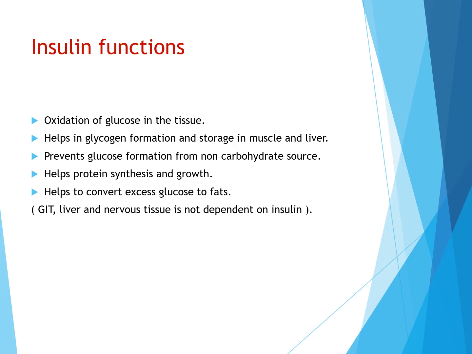Insulin helps the body to convert excessive glucose into glycogen, and then it is stored in our muscles or the liver. Insulin also helps to convert excessive glucose into fats. It will also help in protein synthesis and prevent the formation of glucose from any other sources apart from the carbohydrates.